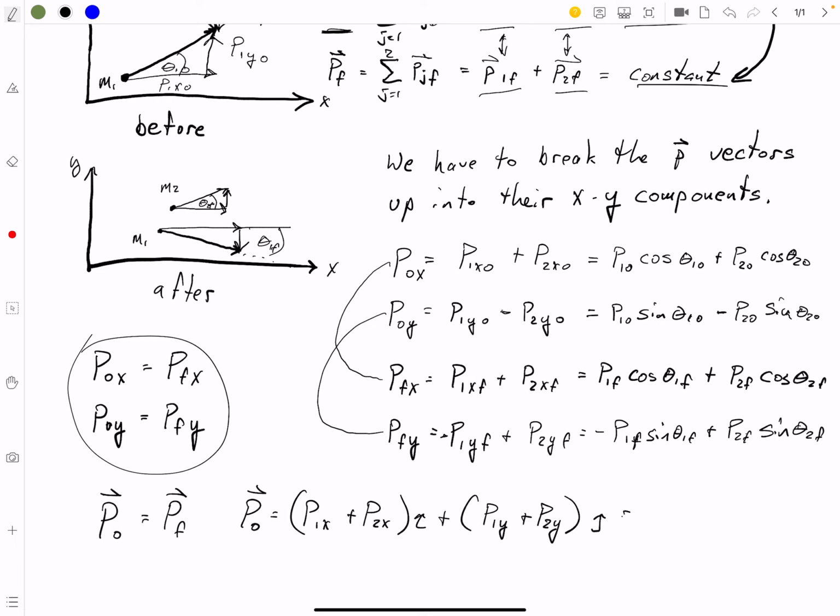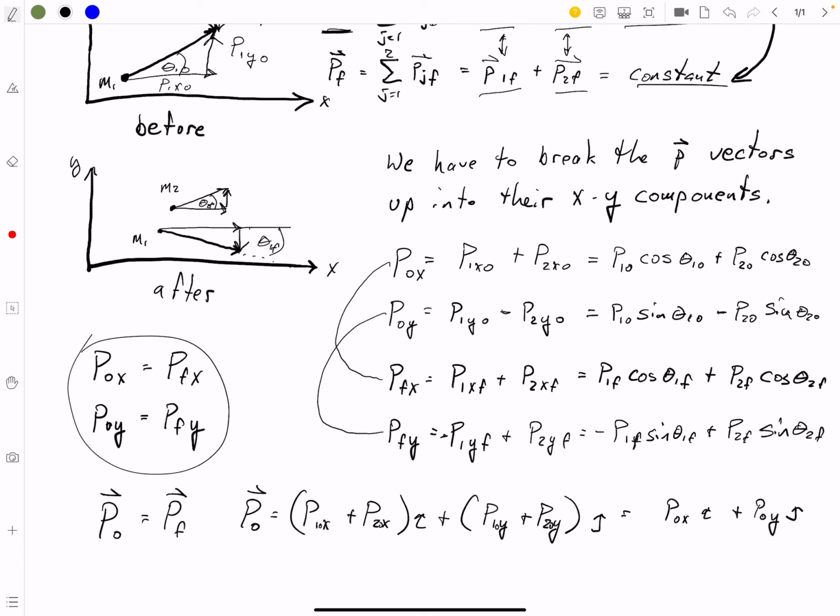So essentially what we're saying is that P naught x in the i hat direction plus P naught y in the j hat direction.